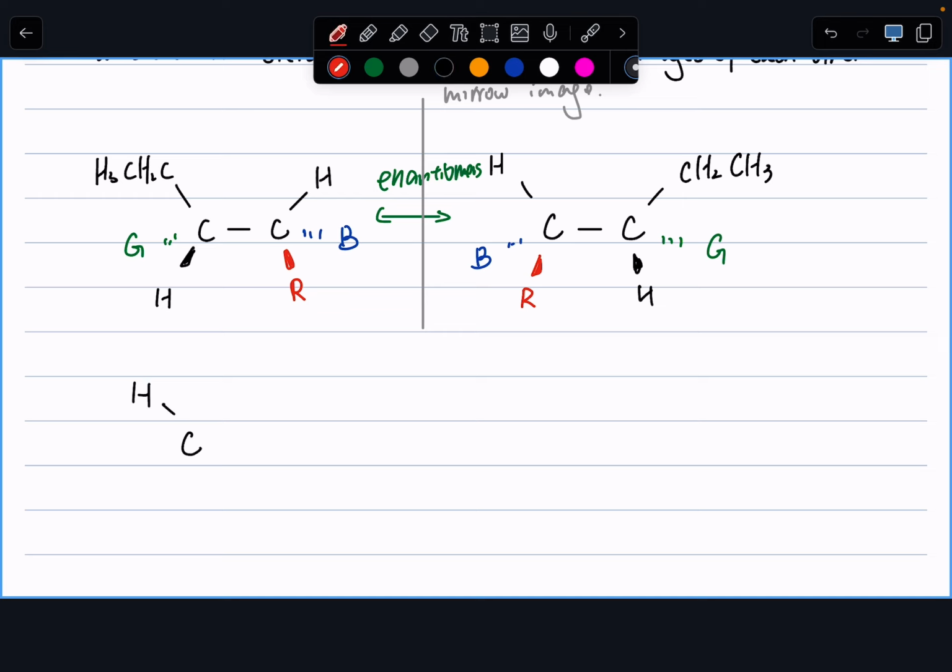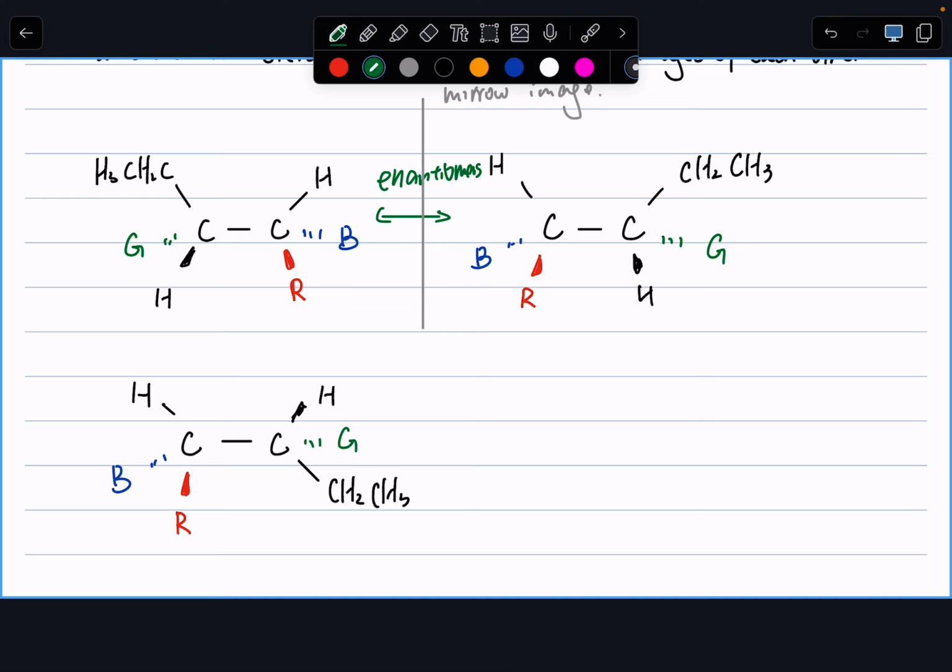On the bottom, we have a red one pointing out, a blue one dashed in, and another carbon with a hydrogen pointing out, and my CH2, CH3, and then the green one going in.